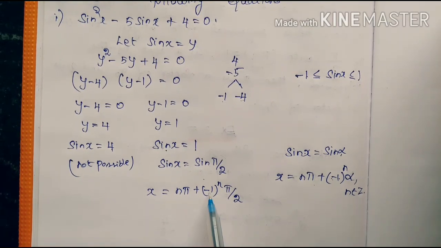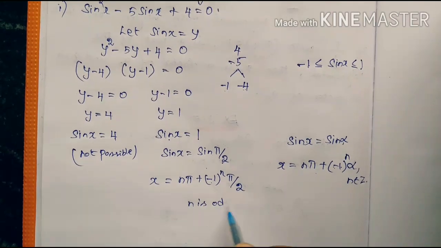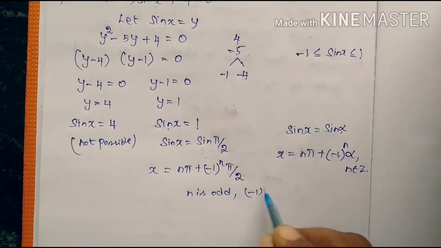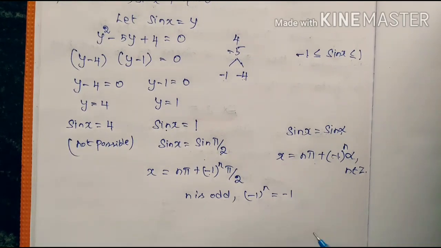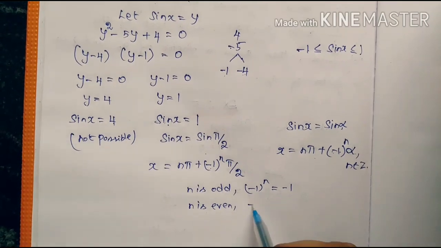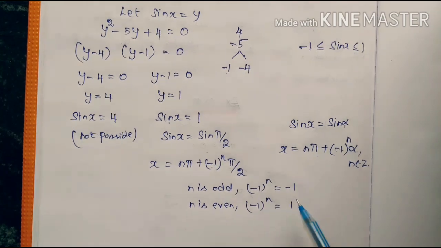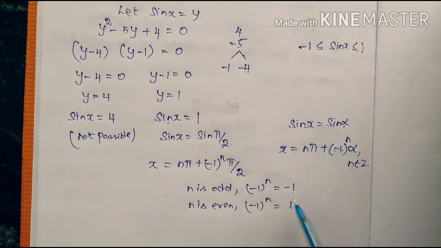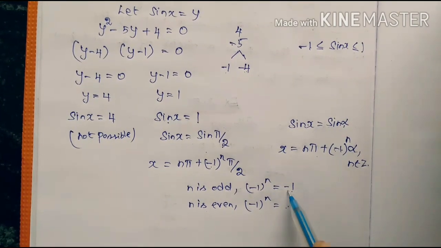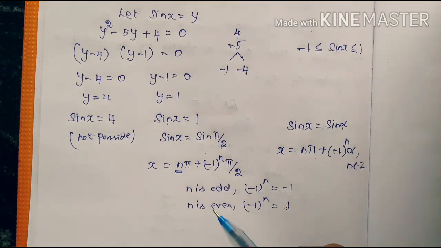Otherwise, if you are considering the minus 1 the whole power n term, if n is odd then minus 1 the whole power n is equal to minus 1. Again if n is even then minus 1 the whole power n is equal to plus 1. So minus 1 and plus 1 we are having. So in order to separate this minus 1 and plus 1, we can replace this n by 2n.